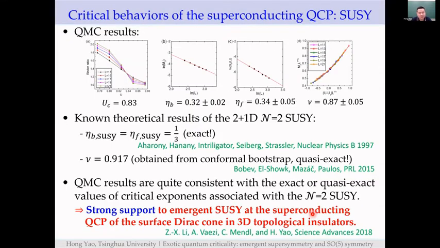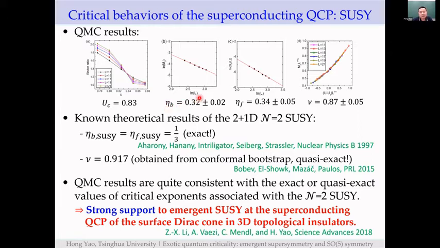So we expect that this is a continuous phase transition, and then we track the critical exponent of this continuous superconducting phase transition, and this is the result we obtain. So the UC is a critical value from this. Here also the Binder ratio has a very nice crossing, which also indicates that it's a continuous phase transition.